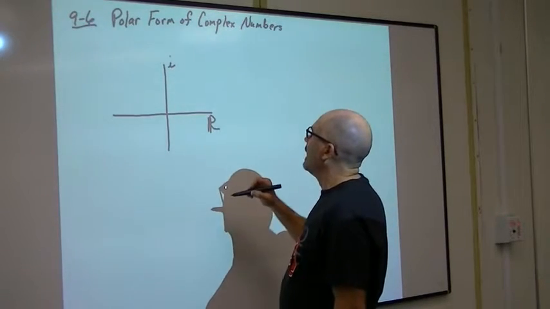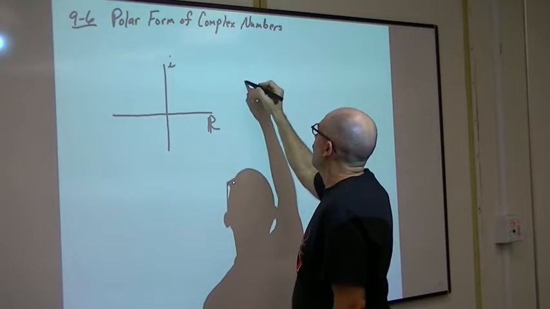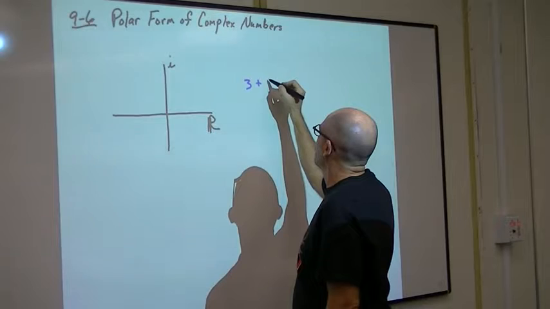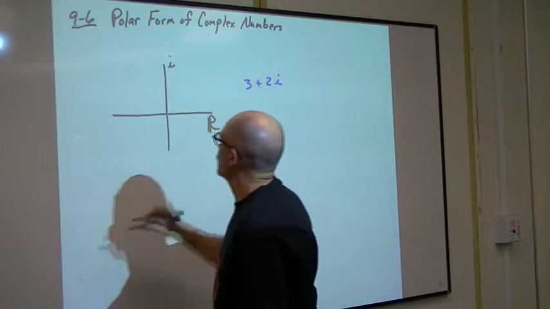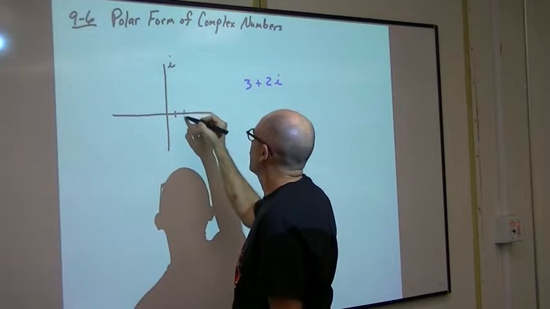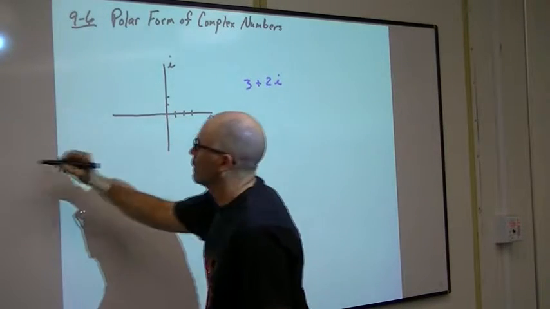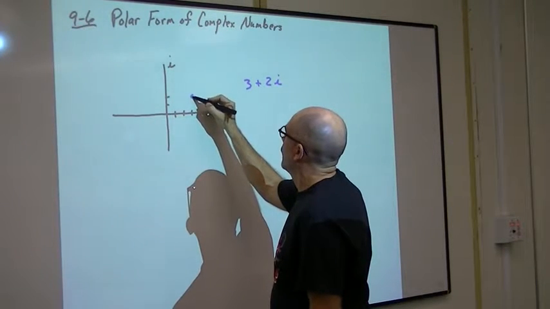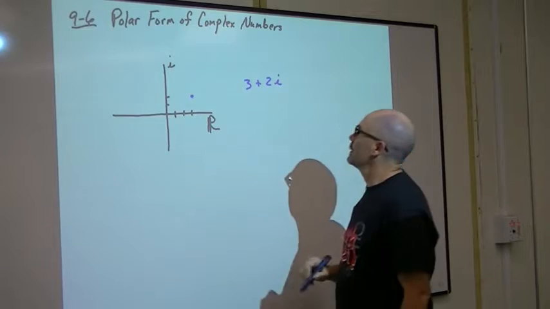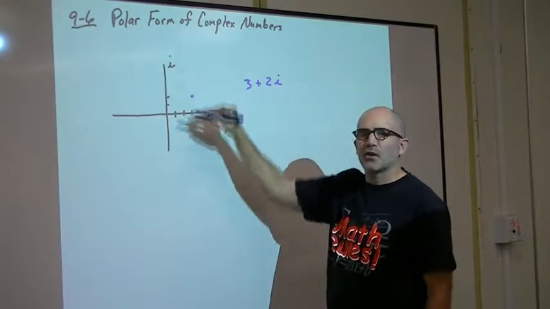So if I have the number 3 plus 2i, what that means is I just go right 3 and up 2. So the point is right there, 3 plus 2i, because it's 3 in the real and it's 2 in the imaginary.